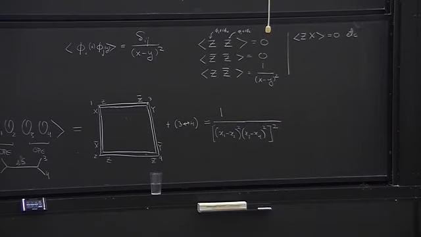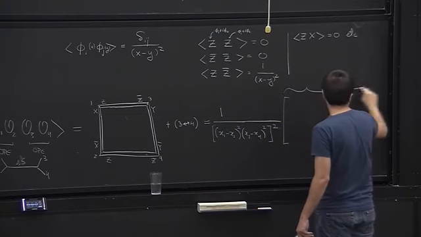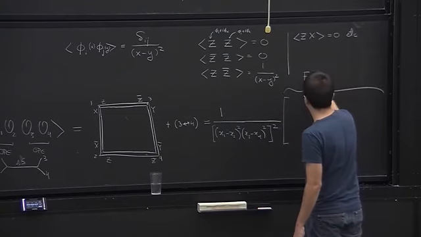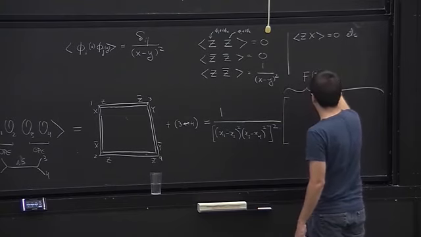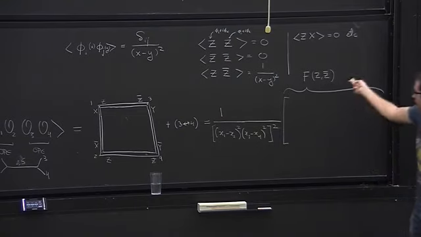I remind you, this was the factor that we took out. And now, whatever we are going to write here will be just a function of the cross ratio Z and Z bar, unless we are making some mistake. So this is a good check of what we are going to do, right? So I remind you, external operators of dimension 2 have an overall factor, and then what multiplies is a function of Z and Z bar.